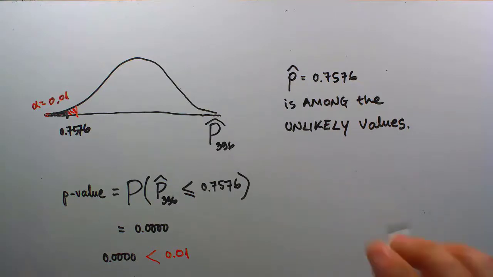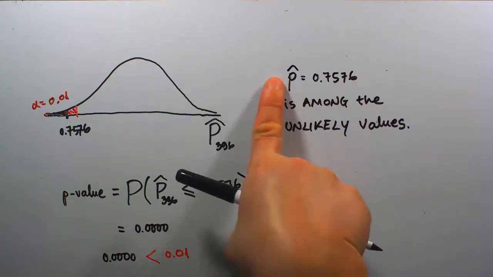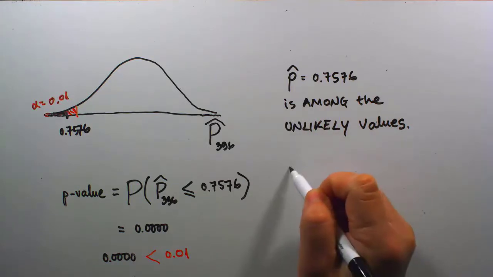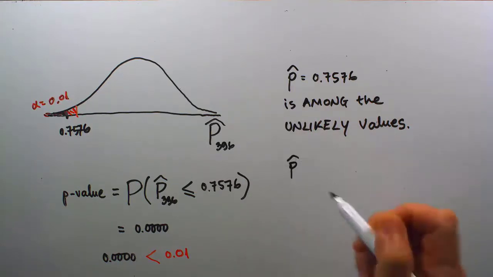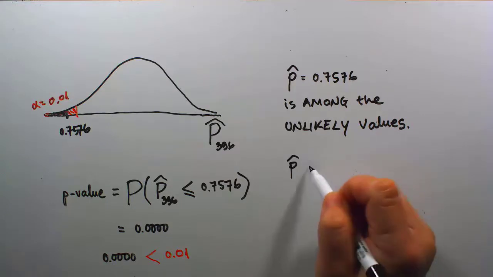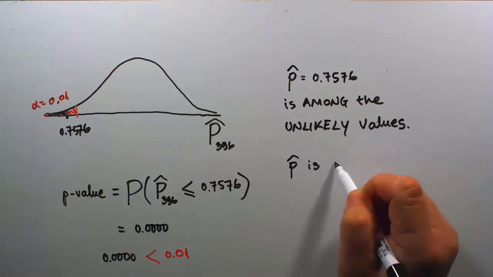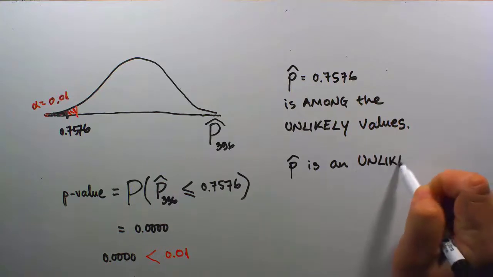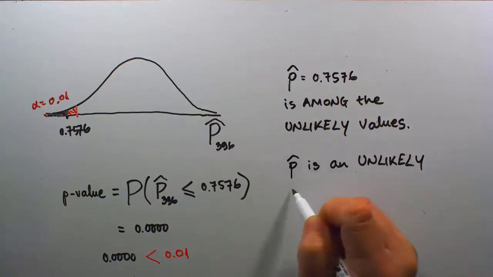And now that p hat is clearly among the unlikely values, we can make a stronger statement: p hat itself is an unlikely value.